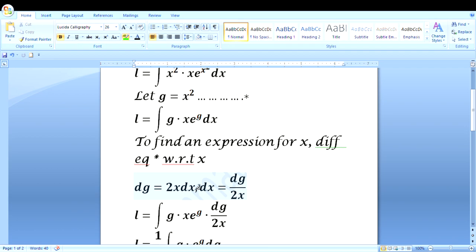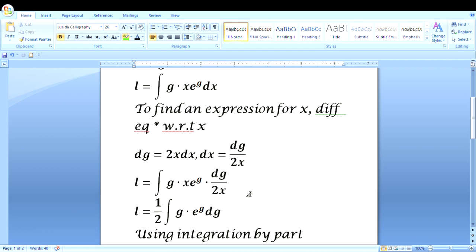Now to obtain the dx, we divide both sides by 2x. So this becomes dx is equal to dg divided by 2x. Okay. Now in place of the dx in the integral, we substitute dg over 2x.